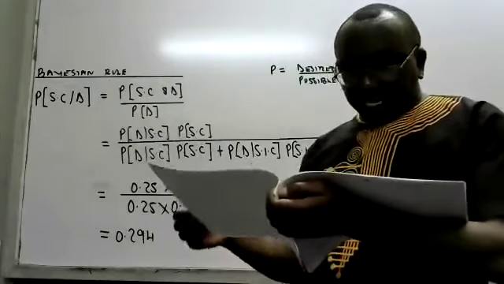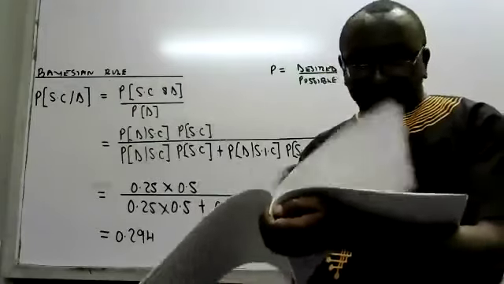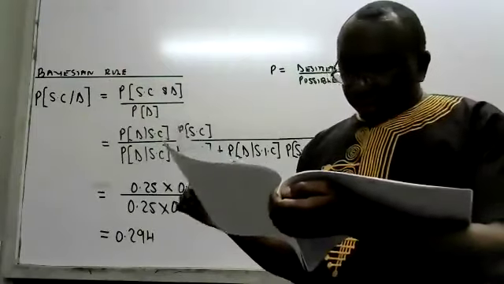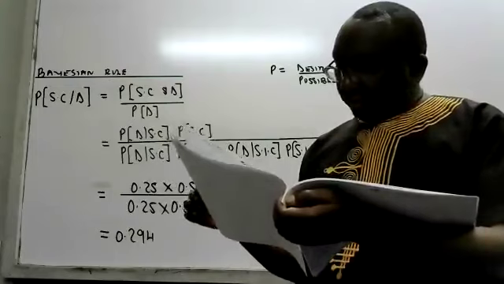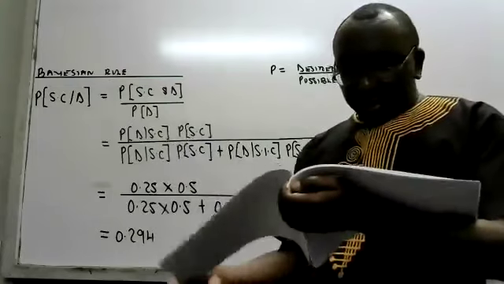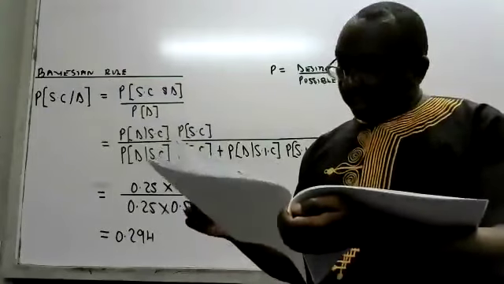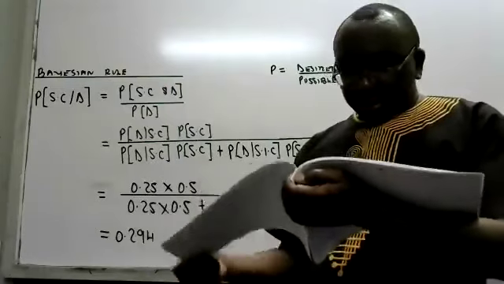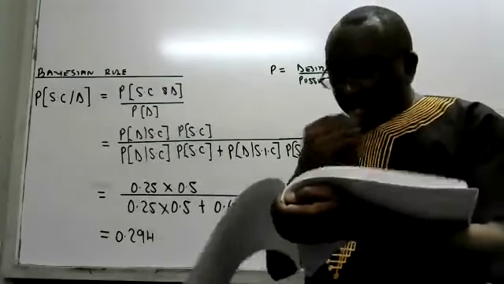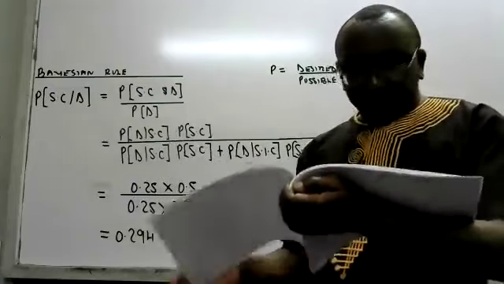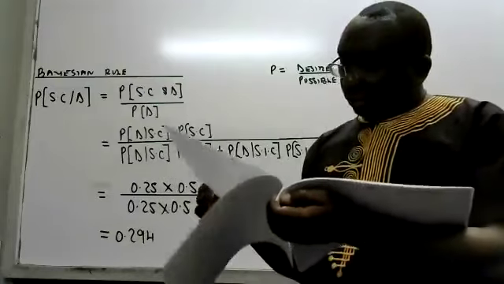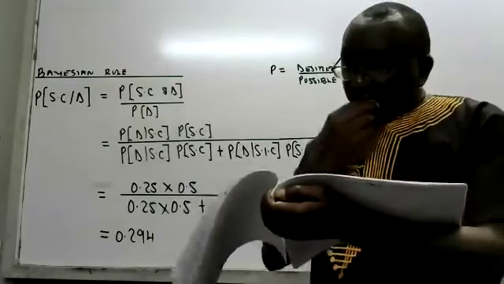And I keep on telling you, you do the assignments. They are not compulsory, but they are very, very necessary. This is a simple question, and you need to identify where it is hiding.